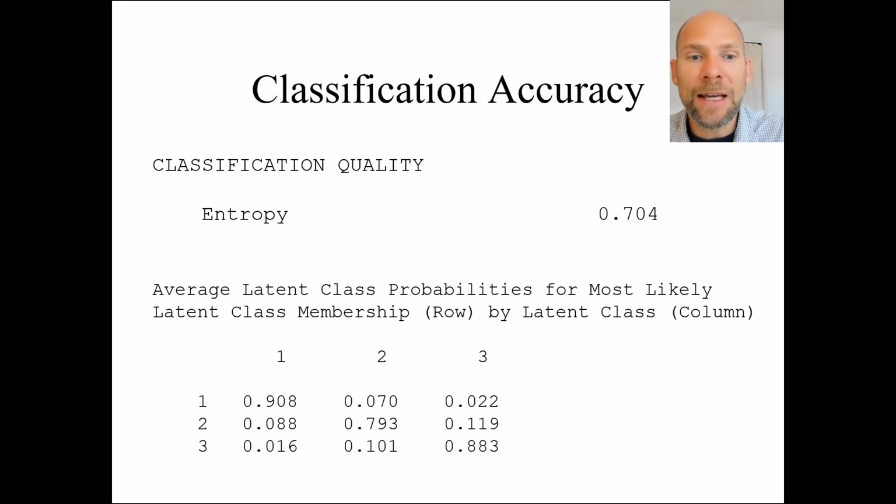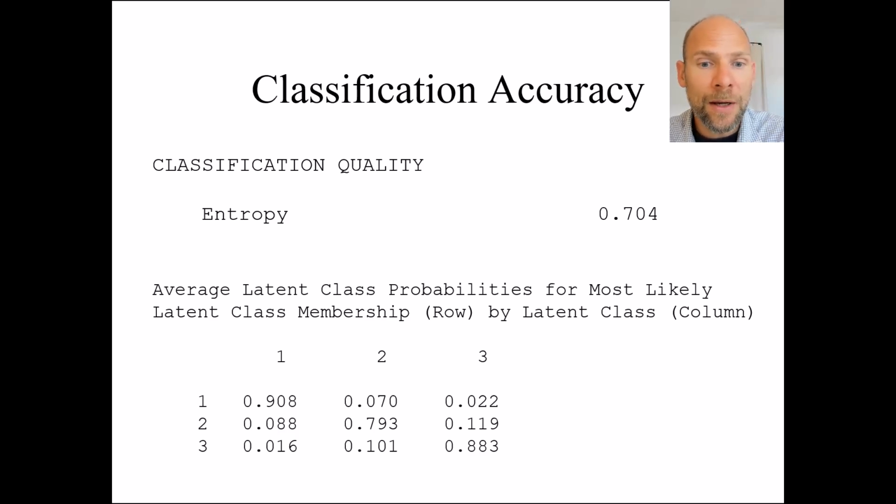are the specific average latent class probabilities for the most likely latent class membership. Those tell me, on average, for those people who were assigned to class 1 based on their most likely class membership, what probability they had on average for that class. And you can see in this case, for class 1, those individuals who had the highest probability for that class on average had a probability of 0.908 for this class, which is high. So they had an over 90% chance of belonging to this class on average.